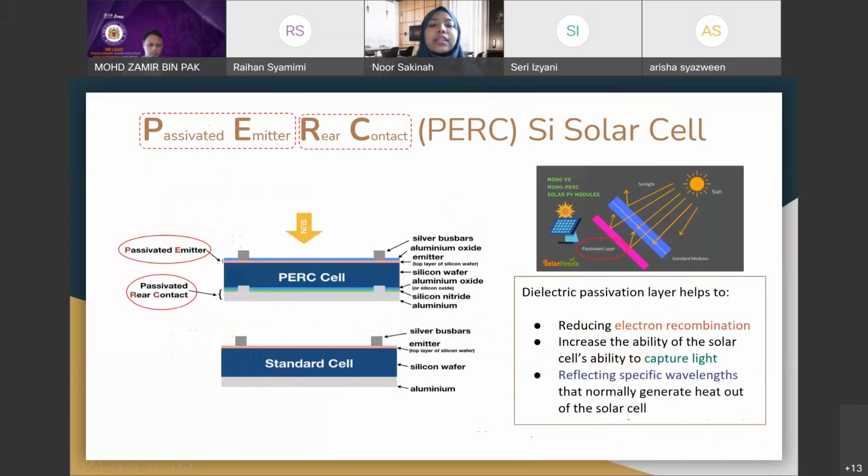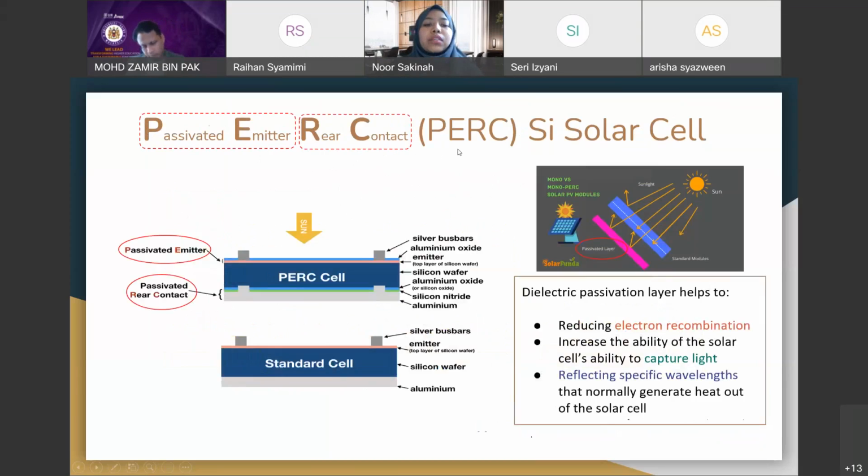So studies have shown that the use of a passivated emitter and passivated rear contact can overcome those problems, and thus PERC silicon solar cells were named. The P refers to passivated, E is emitter, R is rear, and C is contacts, or also can be called cells.